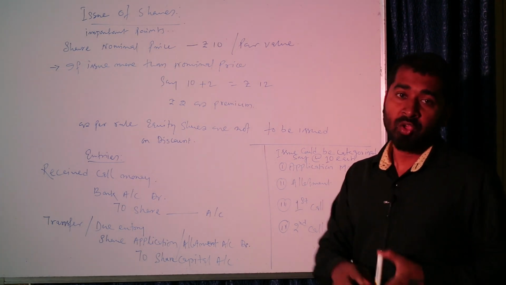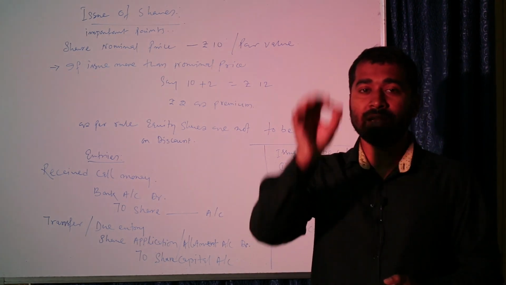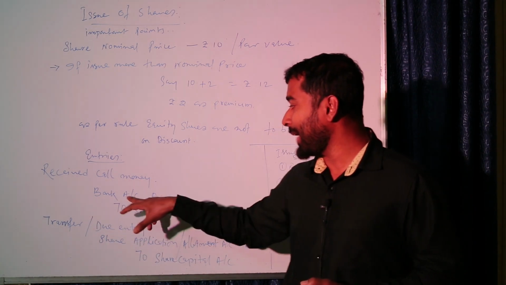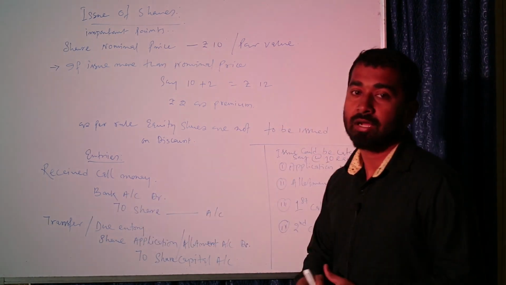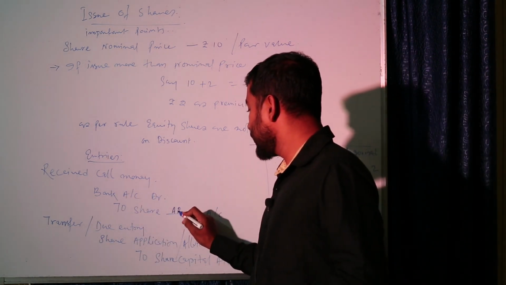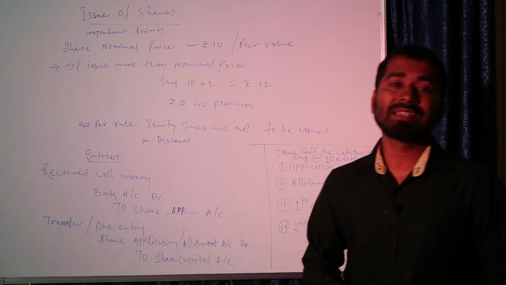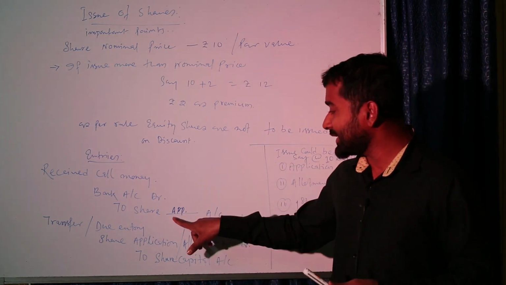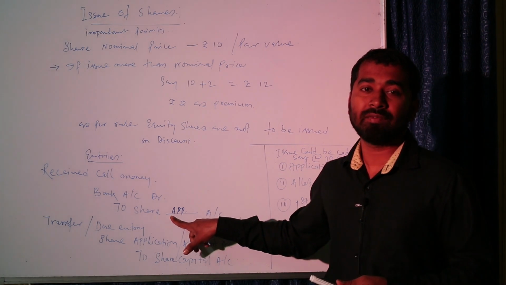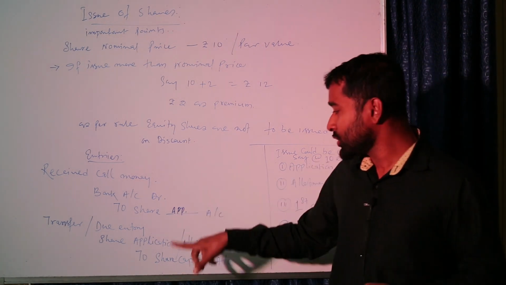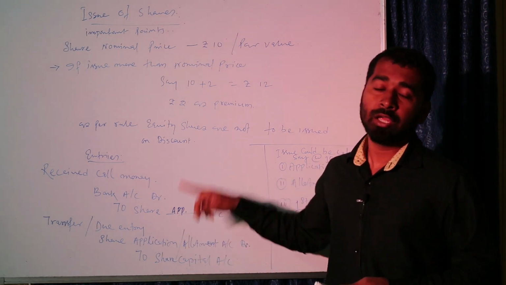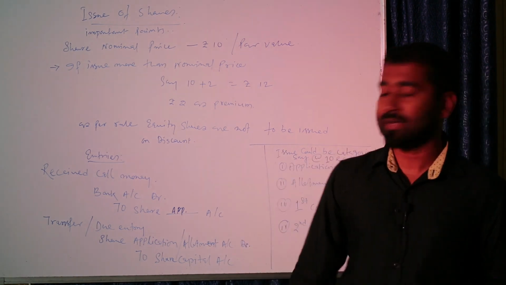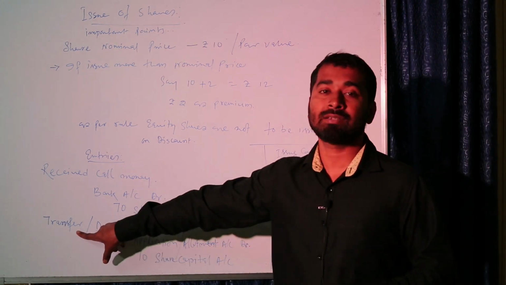So the first time you receive money, you write bank account debit to share application account. That means you are receiving this amount on behalf of the application. So this money you are transferring to the share capital. That's why I have written it as a transfer entry.